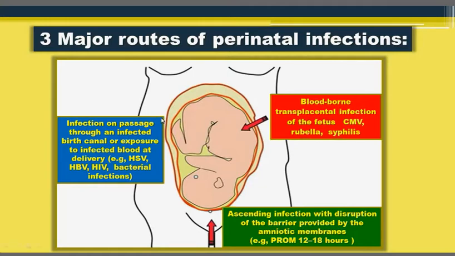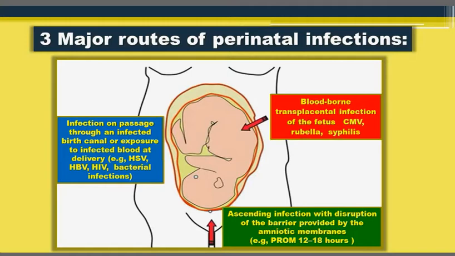Then it may be due to infection on passage through an infected birth canal, or exposure to infected blood, like what happens in herpes simplex virus, hepatitis B virus, or bacterial infection.